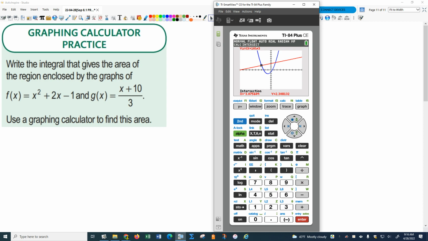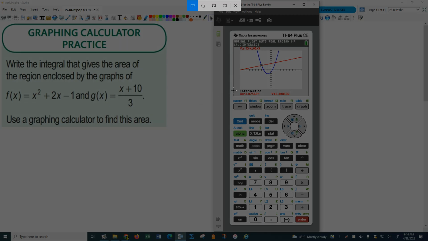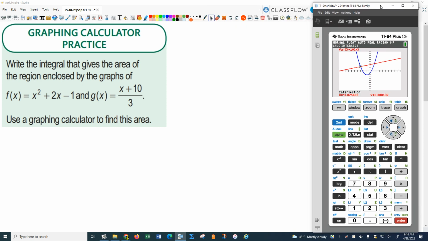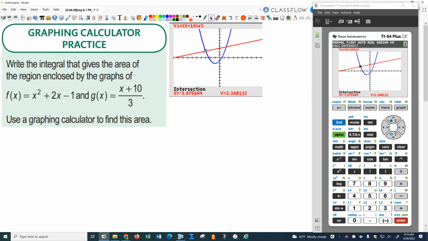I'm just going to take a picture. So there's one intersection. I got to repeat the process.